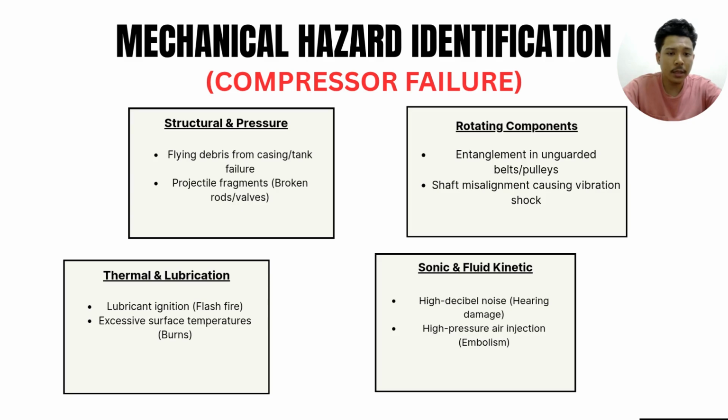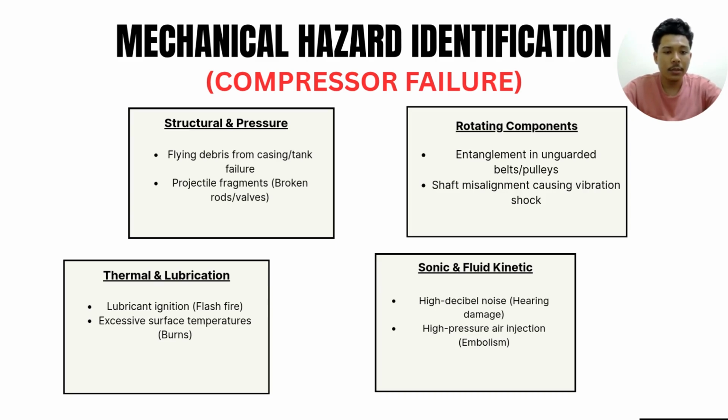Focusing on the mechanical hazard of compressor failure, we categorize this risk into four areas. First, pressure hazards can cause structural failures, launching flying debris or broken valve fragments. Second, rotating components introduce entanglement risk from unguarded belts, alongside heavy vibration from shaft misalignment.